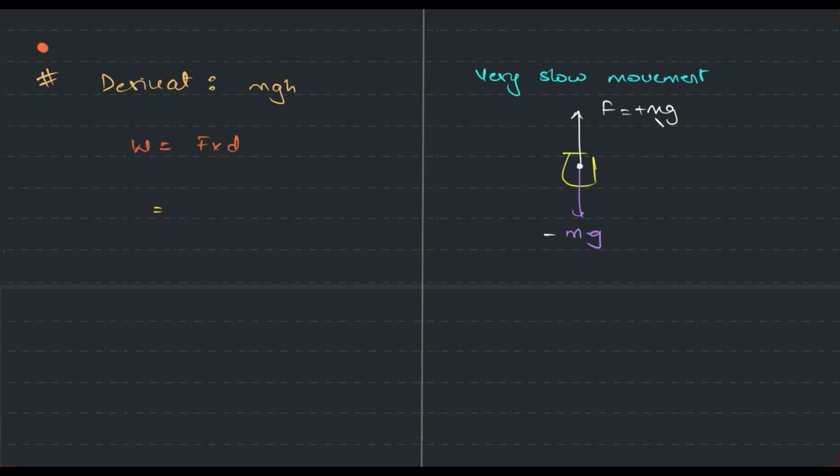So F will be equal to mg and our displacement will be equal to the height. As per the work energy theorem, it will be mgh.